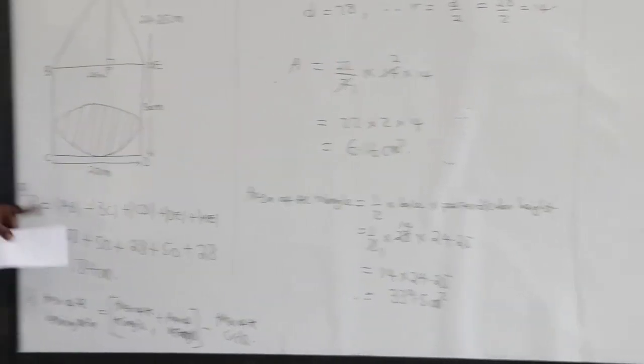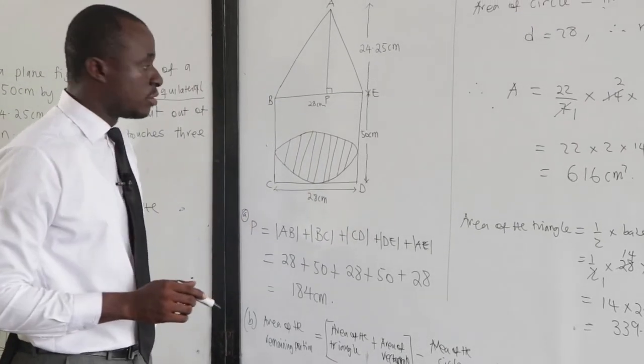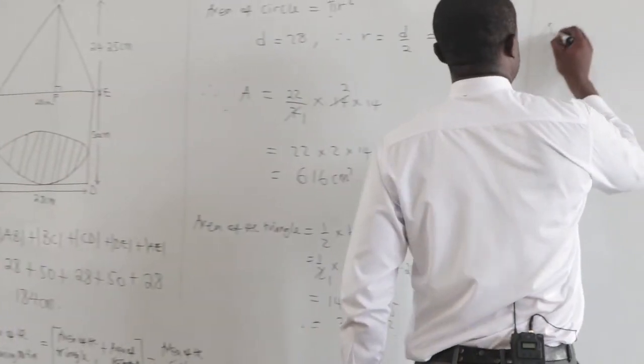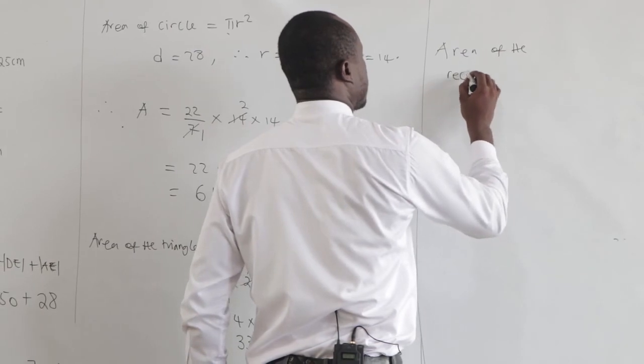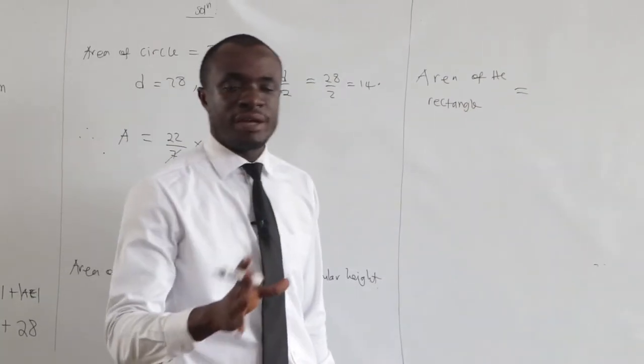We are also left to find the area of the rectangle. You know, the area of the rectangle is length times breadth.